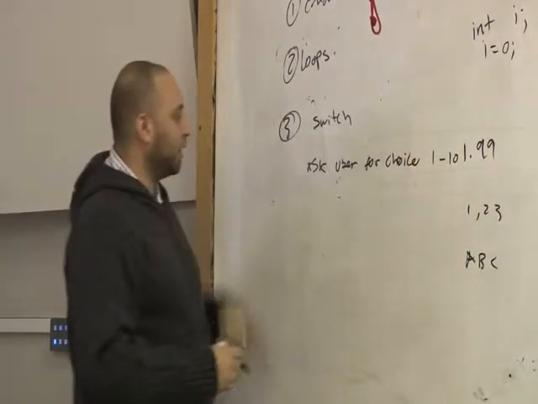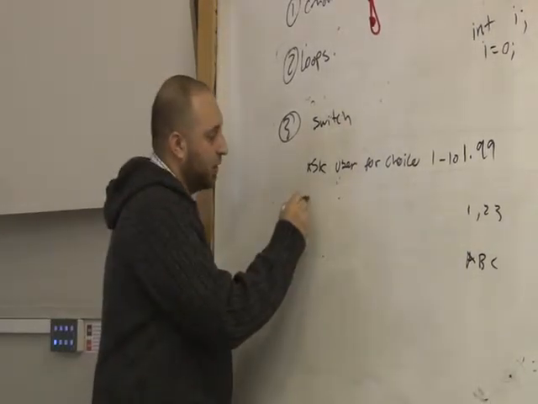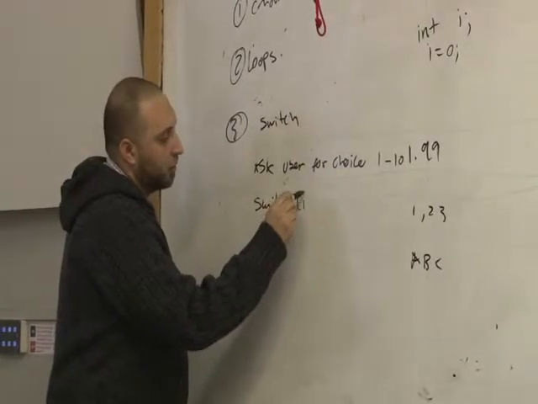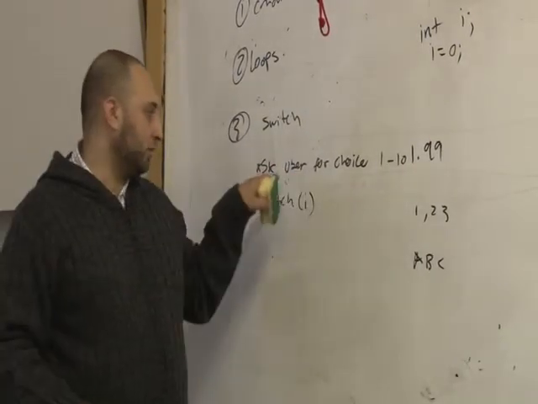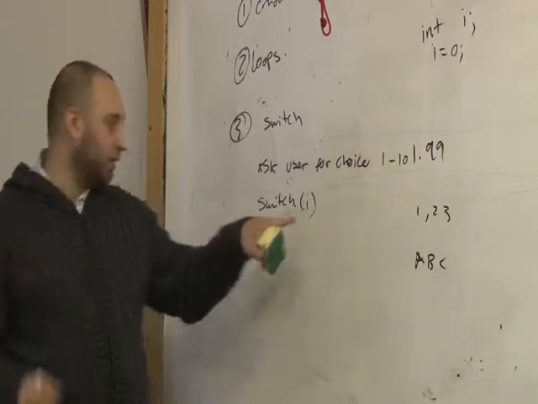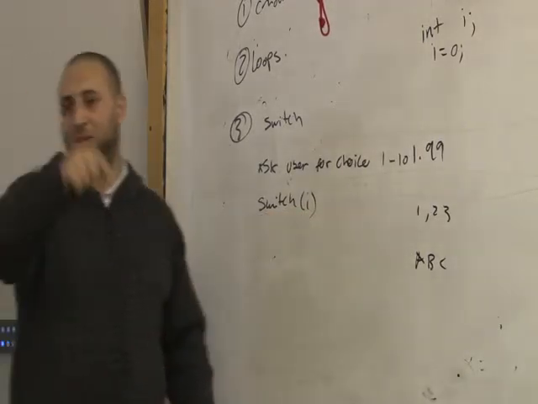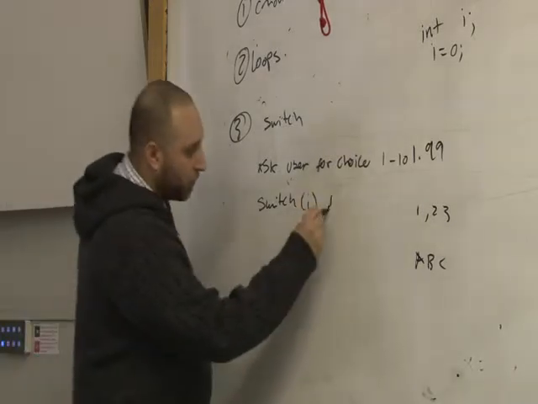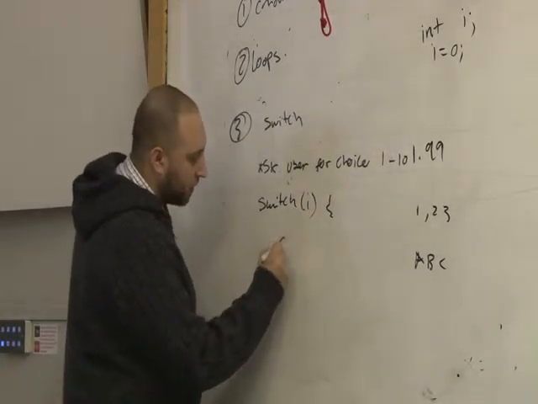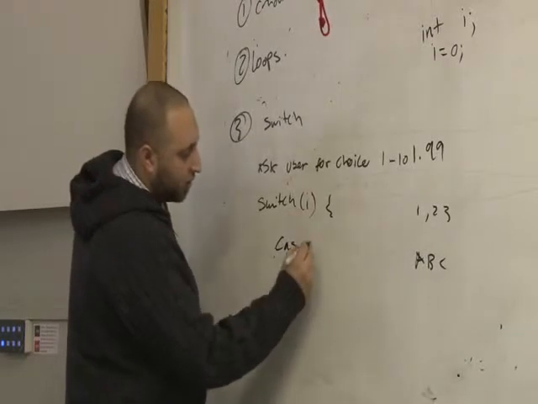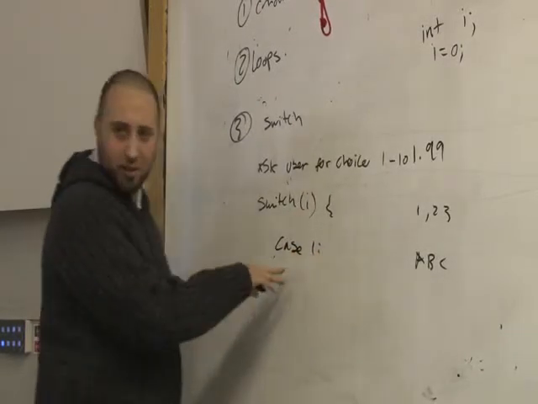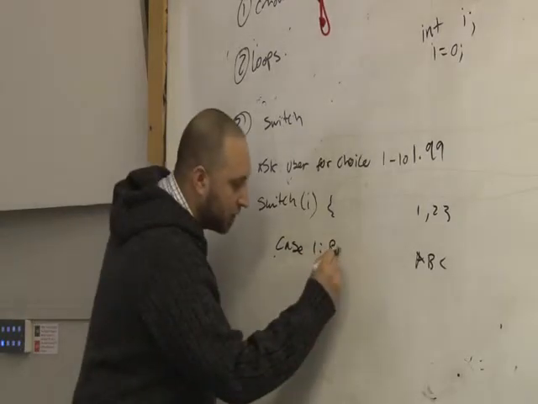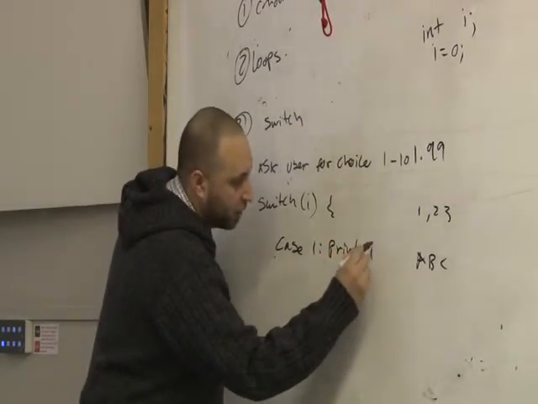And then we'll say switch I. So let's say we're storing the user's choice in this variable called I. They'll just put 1, 2, or 3 up to 10. And then we'll start testing. We'll open the block and say case 1. So the first case is 1. If they entered 1, print I, for example. Yeah?